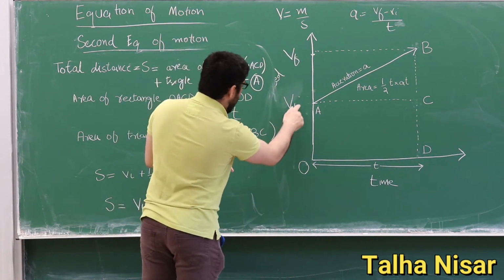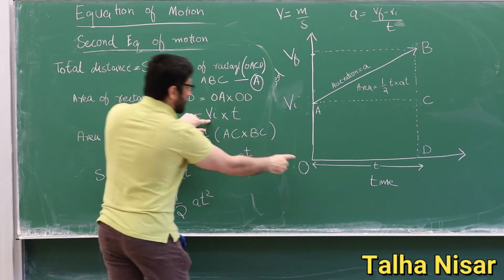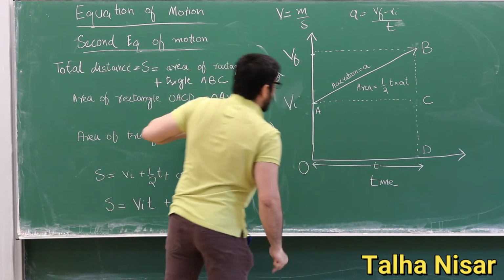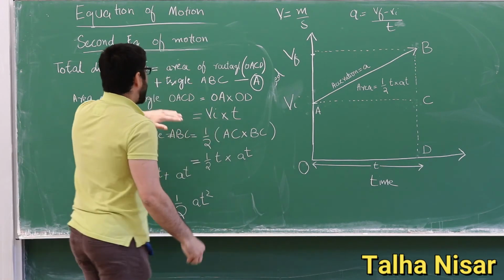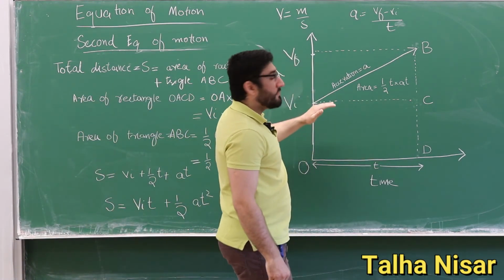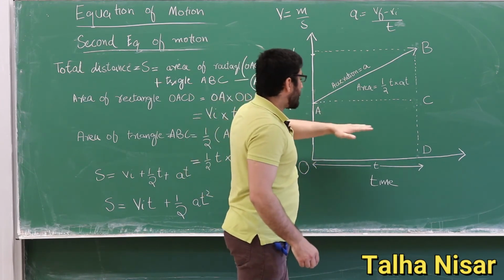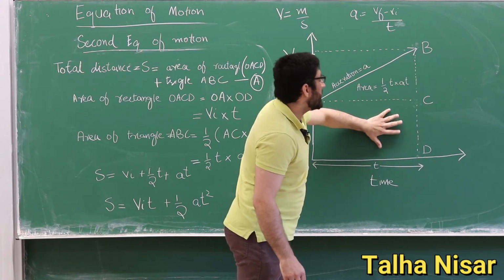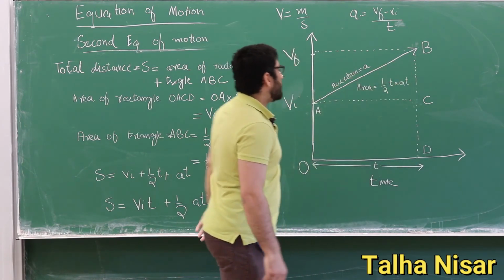What is OA here? The initial velocity, multiplied by this t. So this is the area of the rectangle. But we need the total area under this curve, so we have vi times t here, which is the area of this rectangle, and now we need the area of the triangle.